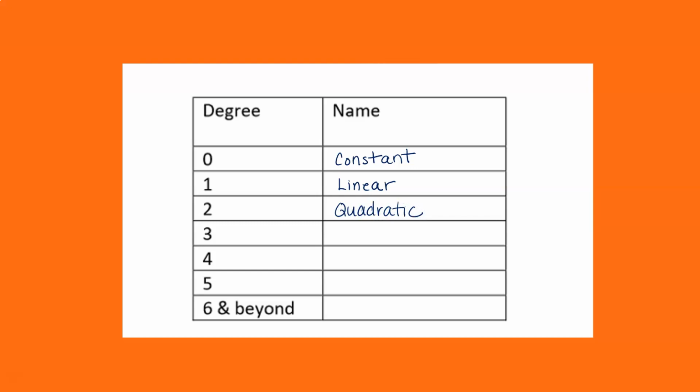A degree of 3, it's cubic. A degree of 4, quartic. 5, it's quintic. And then 6 and beyond, you say 6th degree, 7th degree, 8th degree. That's how you do those.